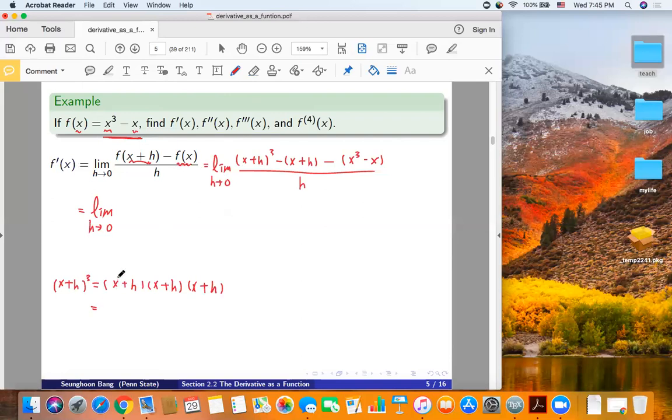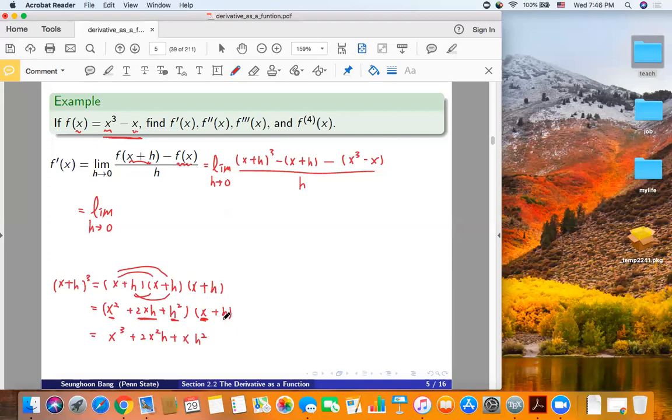First one, here x times x is x squared. x times h plus h times x is plus 2xh, plus h times h is h squared, times x plus h, and keep going. x times x squared is x cubed. x times 2xh is plus 2x squared h, plus h times h squared is x h squared.